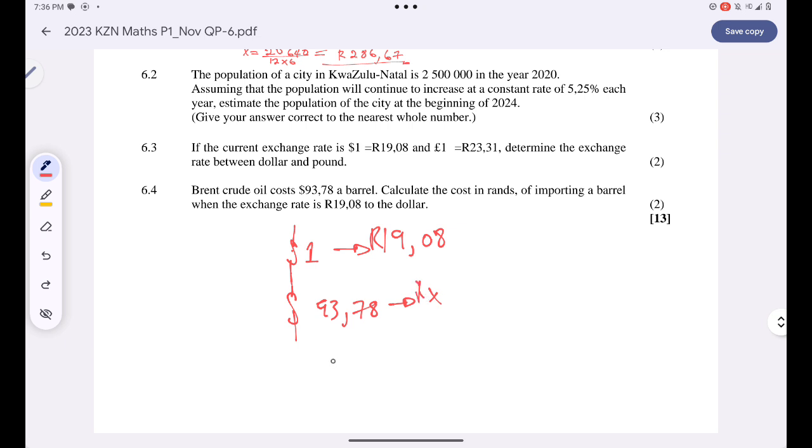So I'll just say X, which represents the amount in rands, is just 19.08 multiplied by 93.78. What do I get?